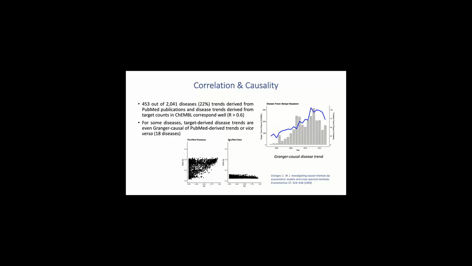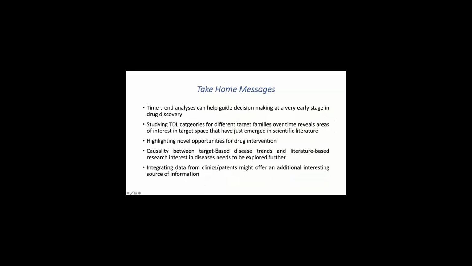And having such a tool can actually really help you guide decisions in drug discovery if you make use of it. So that's basically my last slide, my take-home messages. So I think time trend analysis can really help guide decision-making at a very early stage in drug discovery.